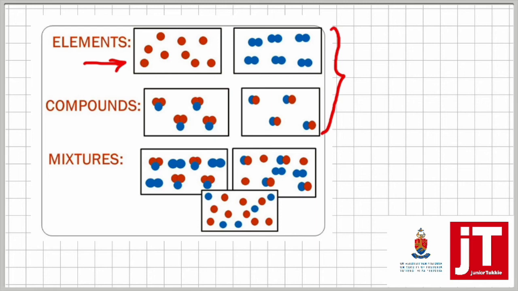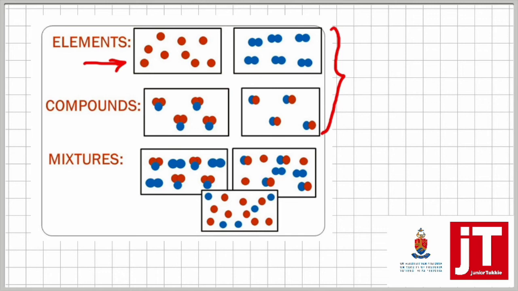So that means that it only contains one type of atom. So it is an element, and it's pure because there's no other substances in that box. Likewise, the second box over here is a diatomic element because it consists of two atoms of the element bonded together.